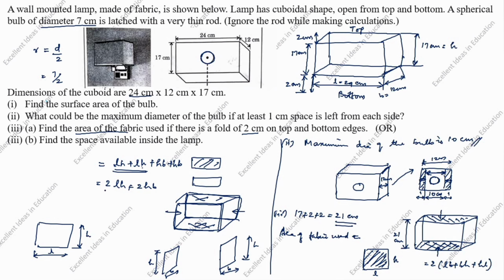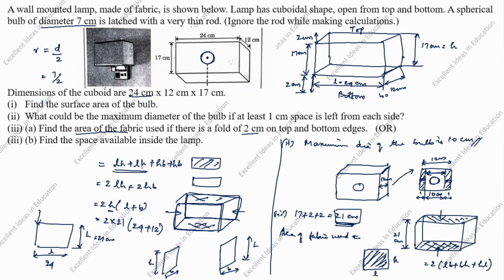In this, which one is common? 2H. 2H, take it outside. L plus B. 2H is, you see here, 21 centimeter. So into 21, L is 24 centimeter plus B is 12 centimeter. You see L is 24, H is 21 centimeter.